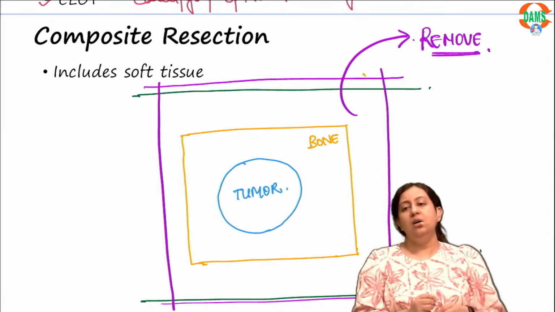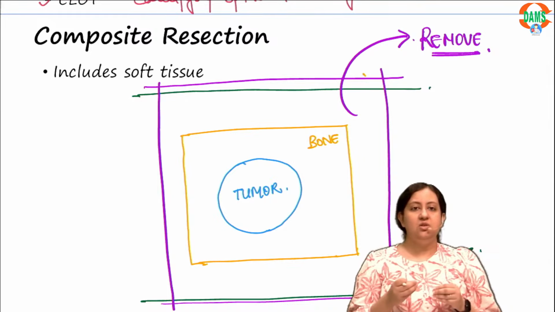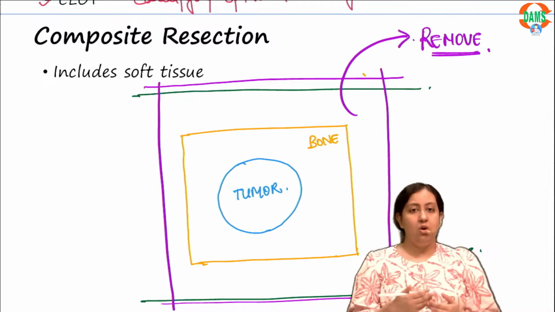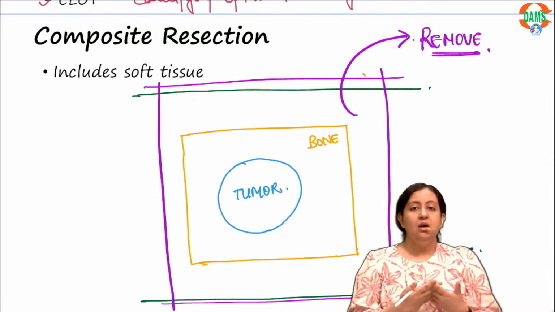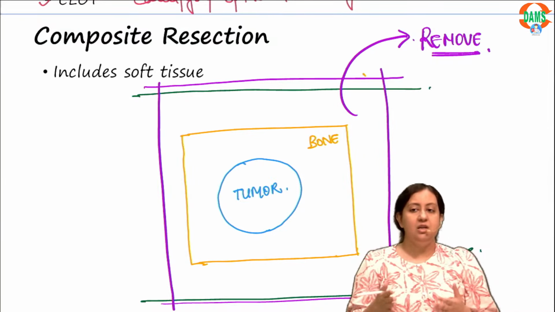So when you are including soft tissue in your resection, it becomes composite resection. So automatically what happens, you are removing the adjacent normal tissues or adjacent uninvolved healthy tissue.